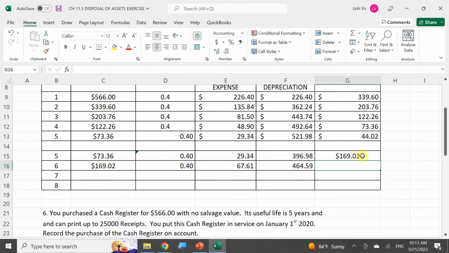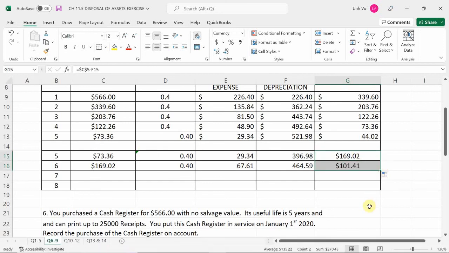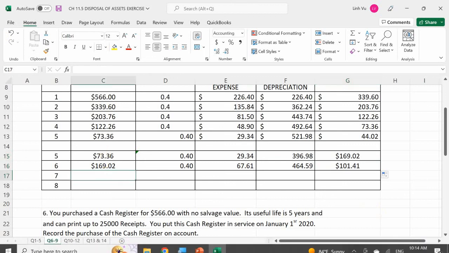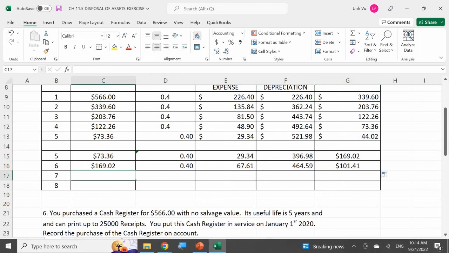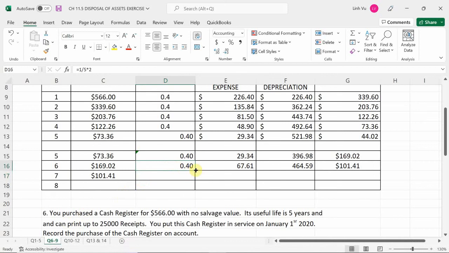$101.41. So then what is your depreciation basis for year 7? 101.41, and it's going to be 40%. And your expense is going to be $40.56.